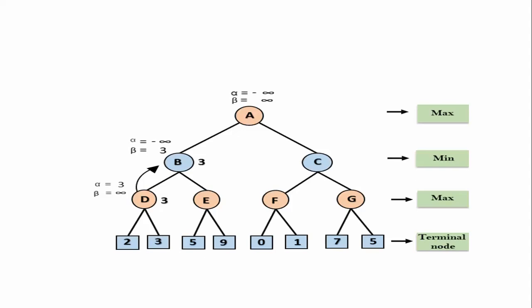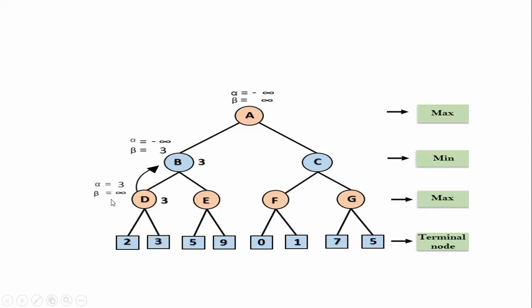So I will move to the diagram and explain what is step 2 and step 3. Same like that, if you observed here, what is the initial value of alpha? Minus infinity. Initial value of beta? Infinity. At maximizer level, which value has to be updated? Alpha value only. Initially what is the value of alpha? Minus infinity.